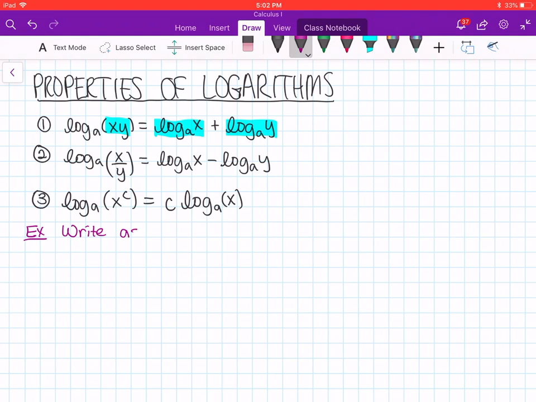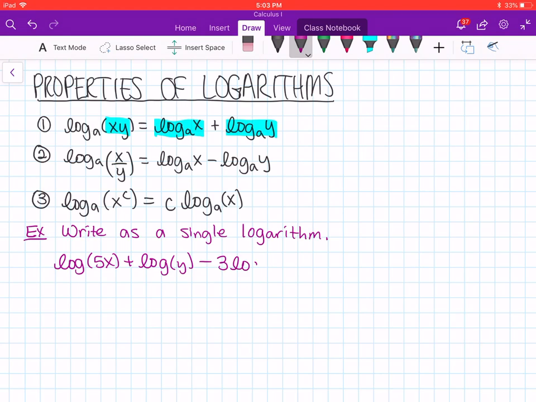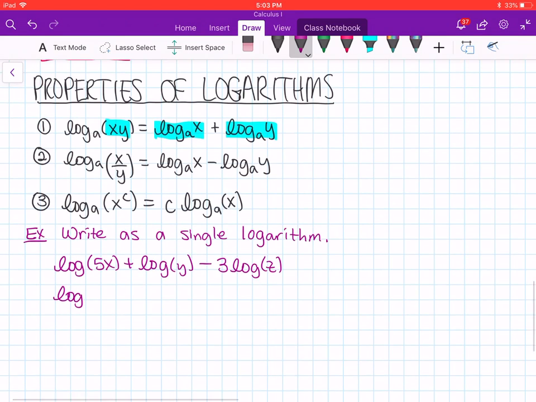So write as a single logarithm. Okay, so we got log of 5x plus log of y minus 3 log of z. First of all, we notice that we have a 3 outside the logarithm, and we're going to put it inside.